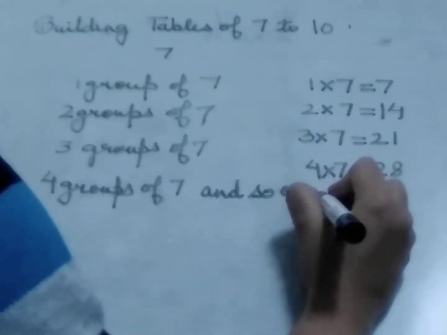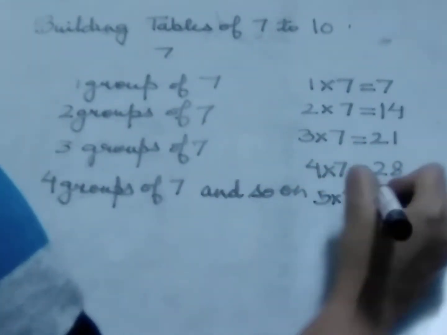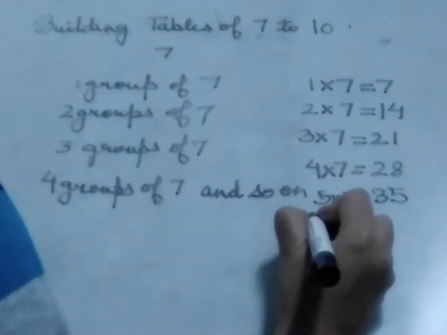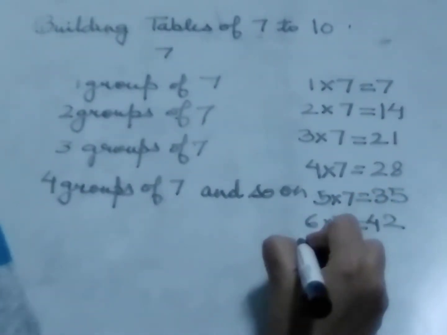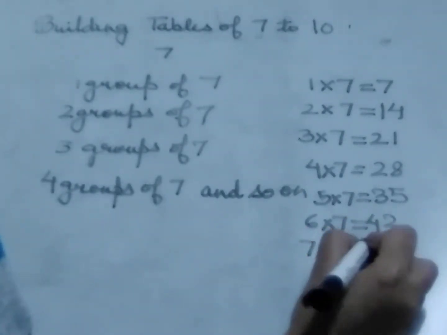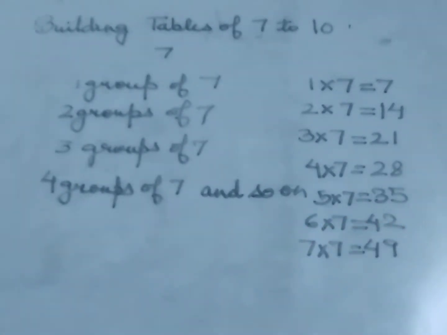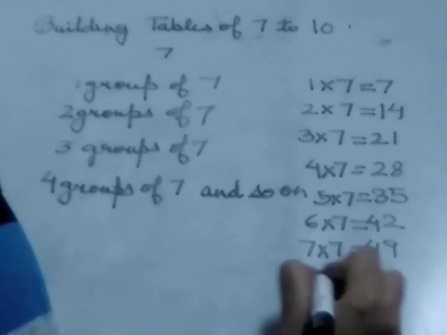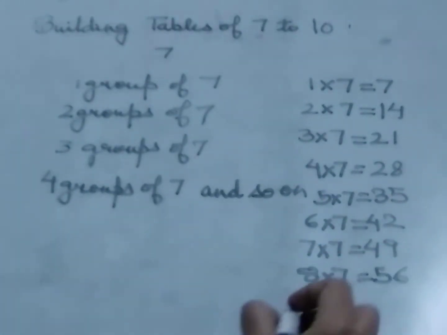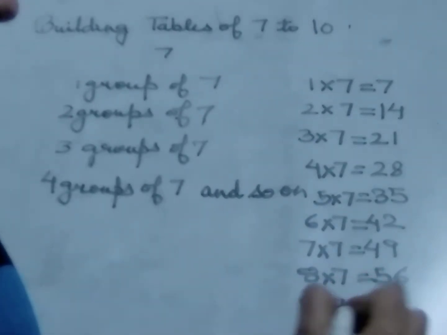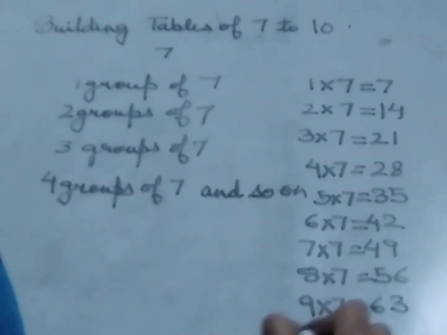Similarly, 5 groups of 7, 35, 6 groups of 7, 42, 7 groups of 7, 49, 8 groups of 7, 56, 9 groups of 7, 63, and 10 groups of 7 gives 70.